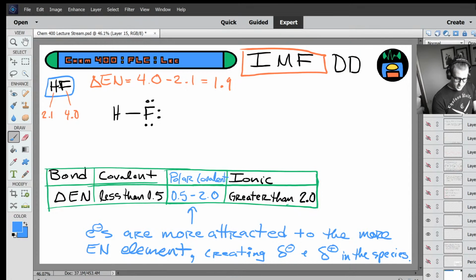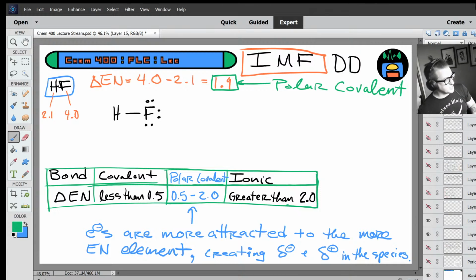This falls squarely in the polar covalent range. All right, so this is a polar covalent bond. We just say polar bond. What that means is the electrons in this HF bond are more attracted to the fluorine than they are to the hydrogen.